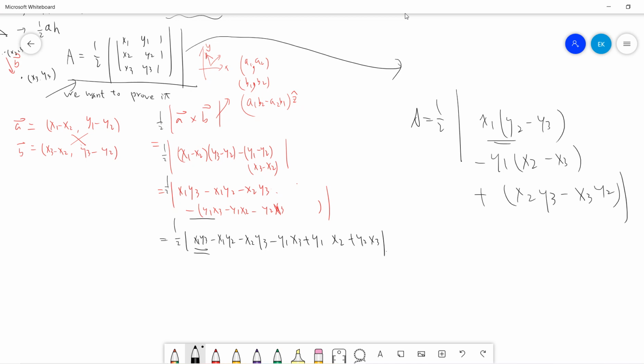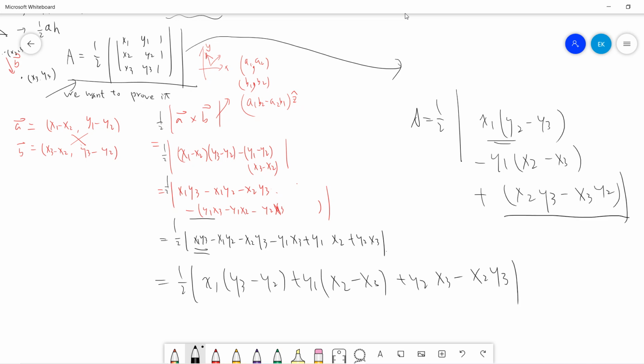So we get x1 y2 minus x1 y3, then y1 times (x2 minus x3), and then x2 y3 minus x3 y2.